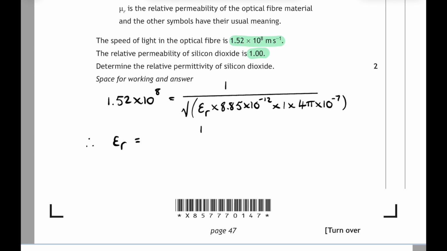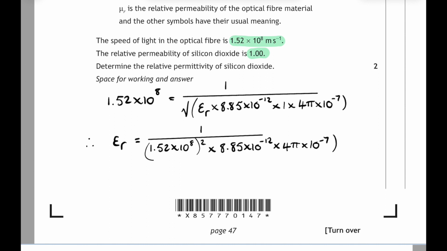That will be equal to 1 divided by 1.52 times 10 to the 8 squared, because remember we squared both sides, times 8.85 times 10 to the minus 12 times 4 pi times 10 to the minus 7. And if you do that carefully on your calculator, you'll get an answer of 3.89. Now, what about units?